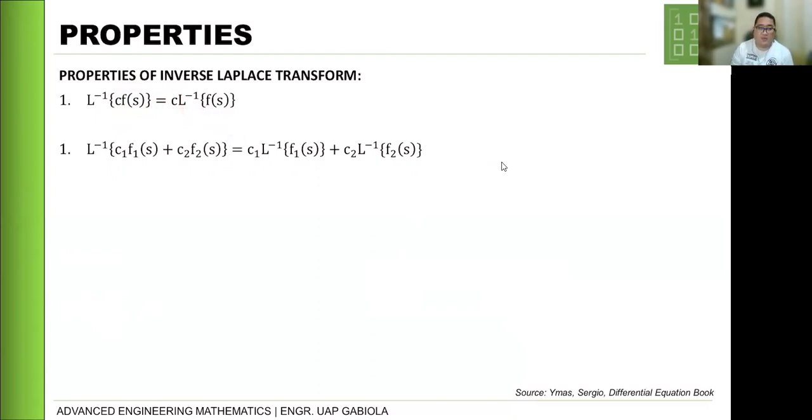And also the second one, we have here a number of terms involving multiple equations in terms of s that have their respective coefficients. So we have here two terms that are functions of s, with their respective coefficients C1 and C2.